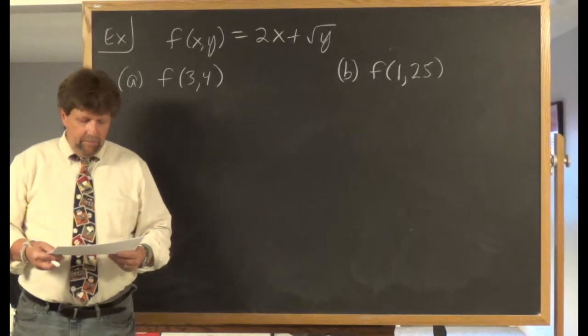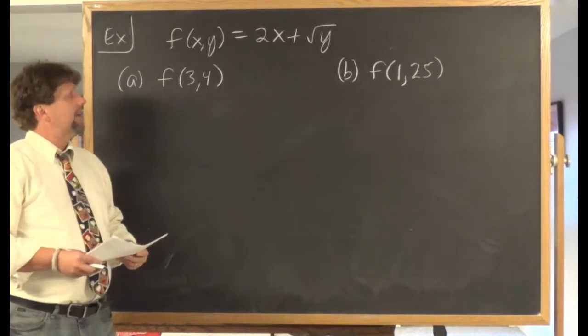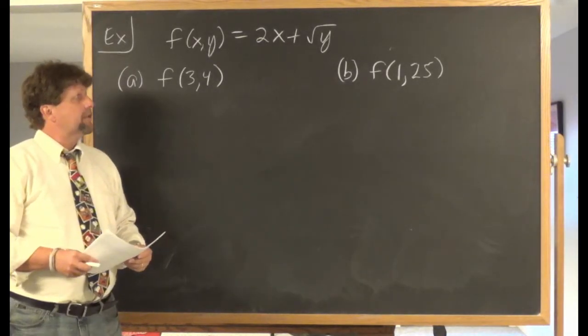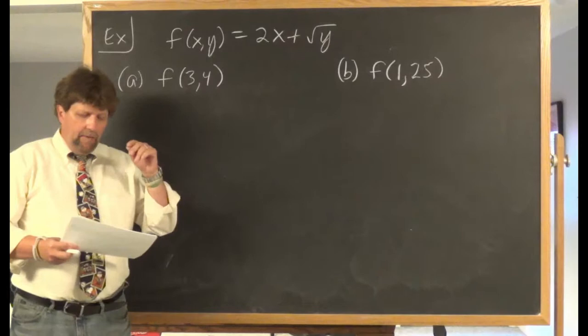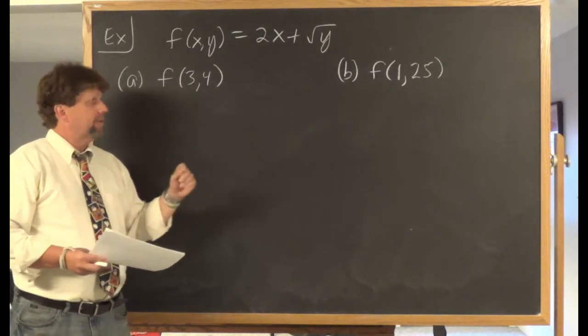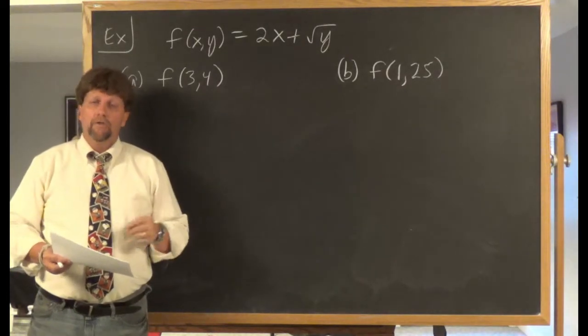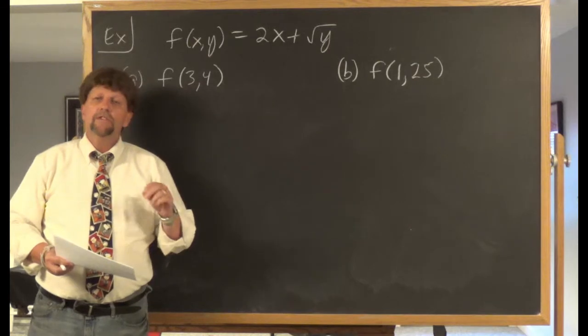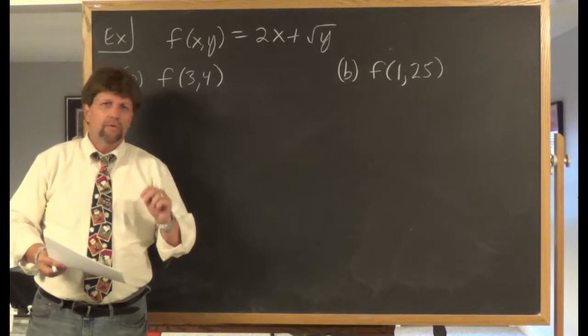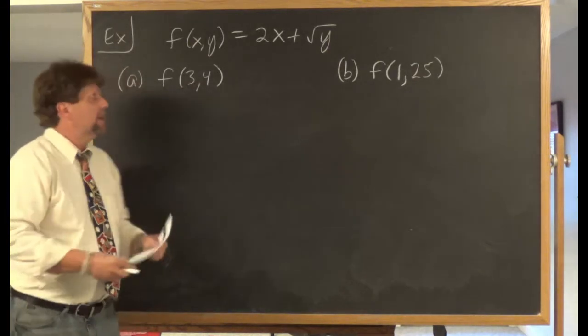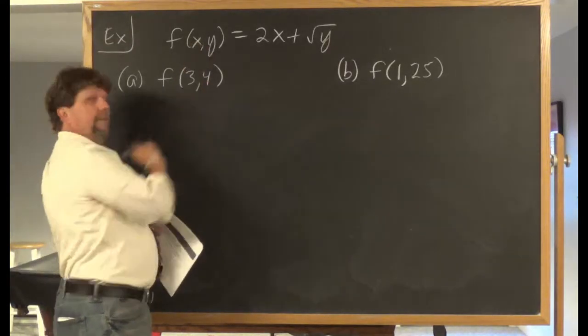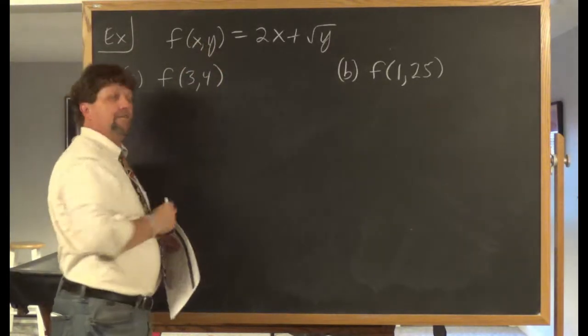Hey folks, this example we left off with, we were given f of x, y equals 2x plus square root y, and we were asked to evaluate the f of 3, 4 and the f of 1, 25. This is just like old school evaluating functions. We see 3 is in the place of x, 4 is in the place of y.